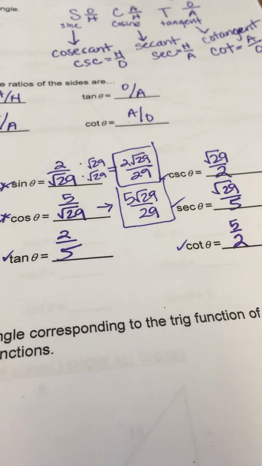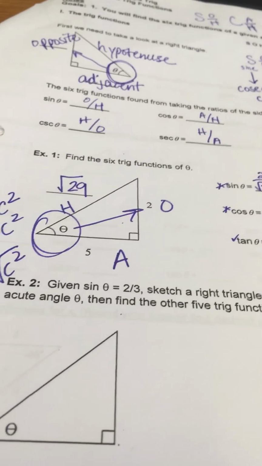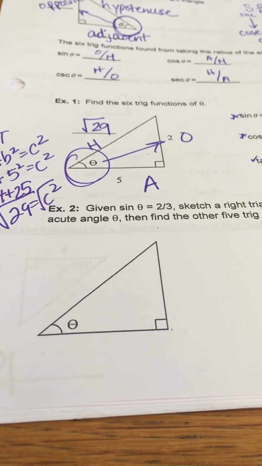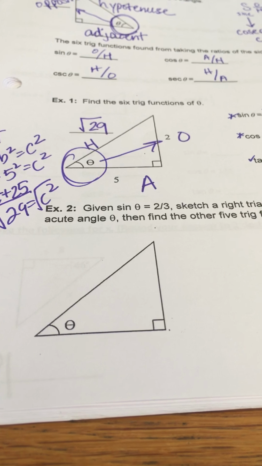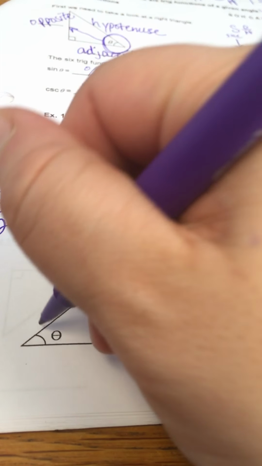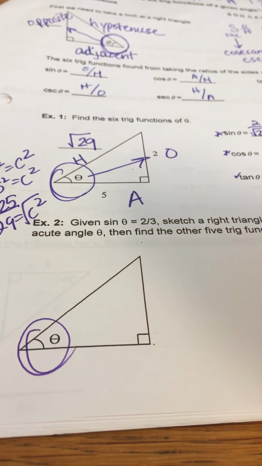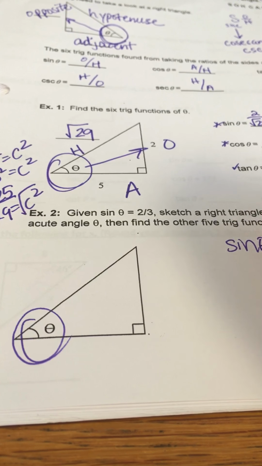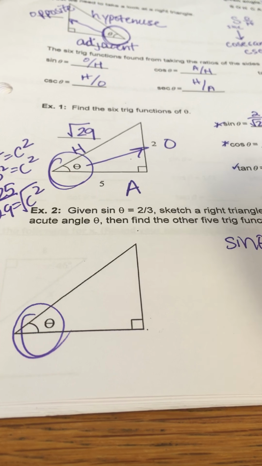We have the rest of them. Given sine of theta is 2 over 3, give a sketch and the corresponding trig functions, that sort of stuff. Okay, so this is kind of like figuring out what you have going on. Sine of theta, which is opposite over hypotenuse, is 2 over 3.